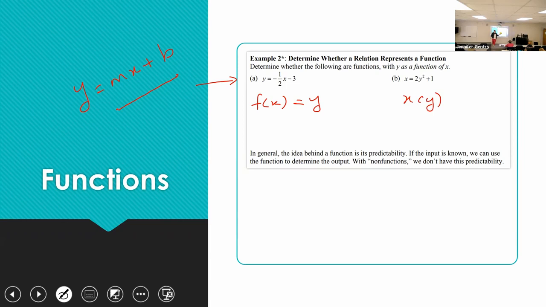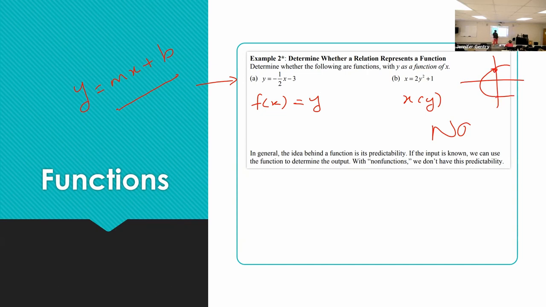Does that make that a function? No. More than likely, that graph is gonna look something like a big C, open to the side. And if you draw a line down and it hits twice, it's not a function. So it's no. Okay?